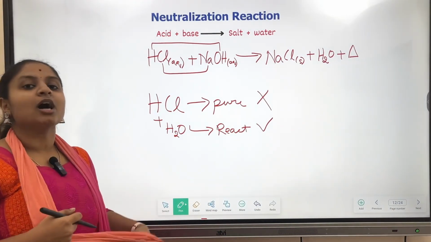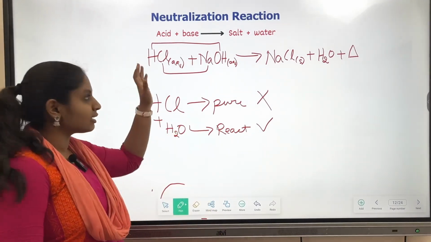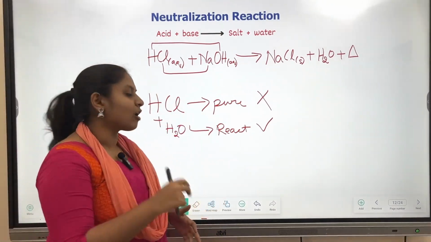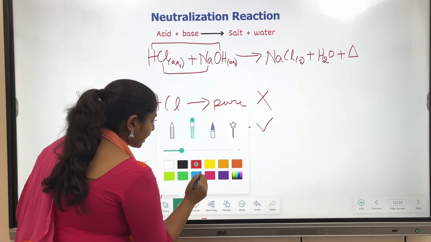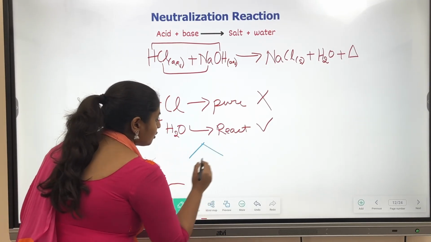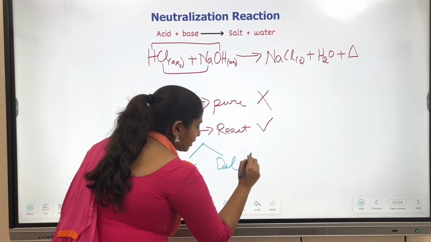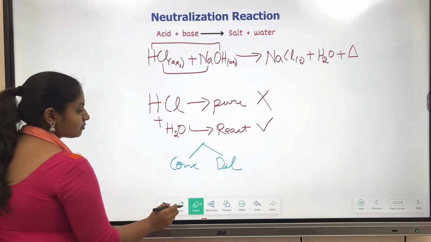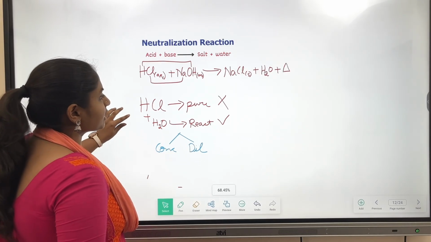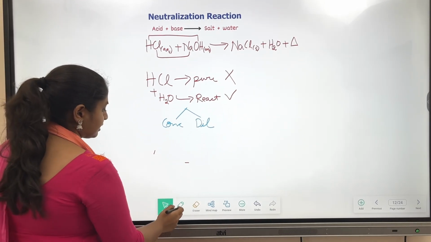So based on the amount of water content in an acid or a base, there are two types of acids or bases: concentrated acid or dilute acid. So what is concentrated acid or dilute acid?